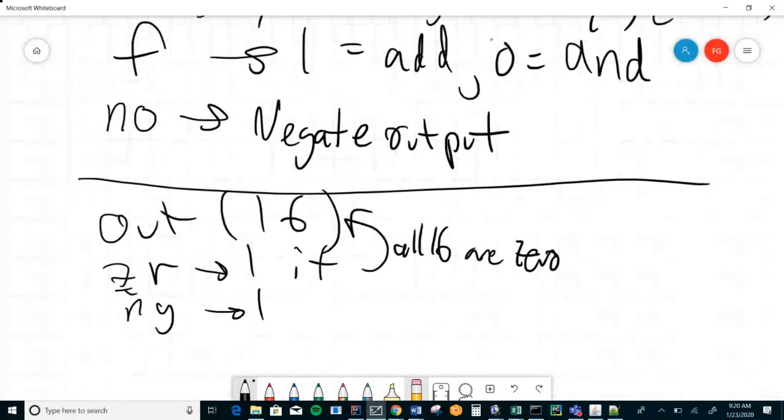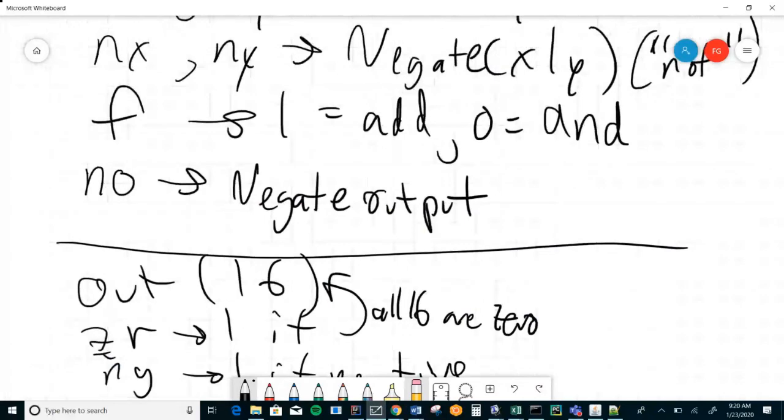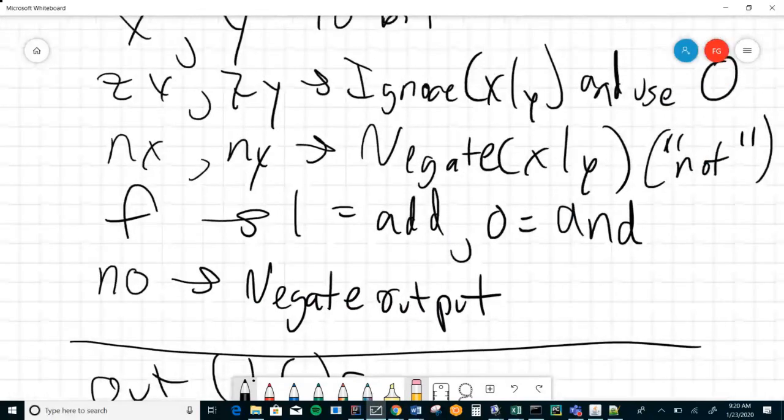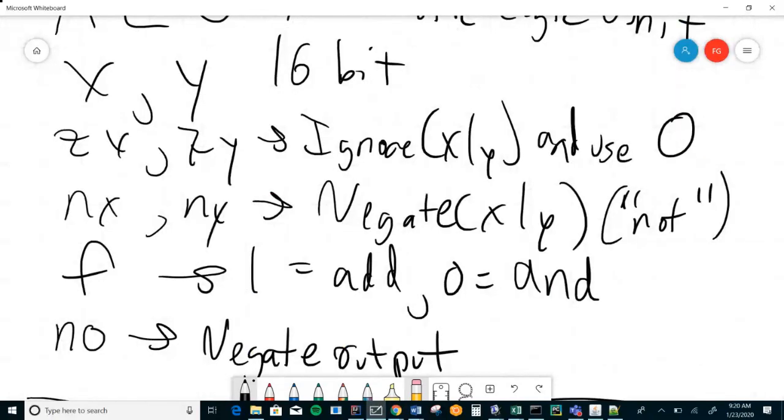NG is a 1 if the output is negative. How do we know if our output is negative? You check the leftmost bit. That's all there is. For all 16 being 0, let's just say Or8Way is going to have some utility there, for example.